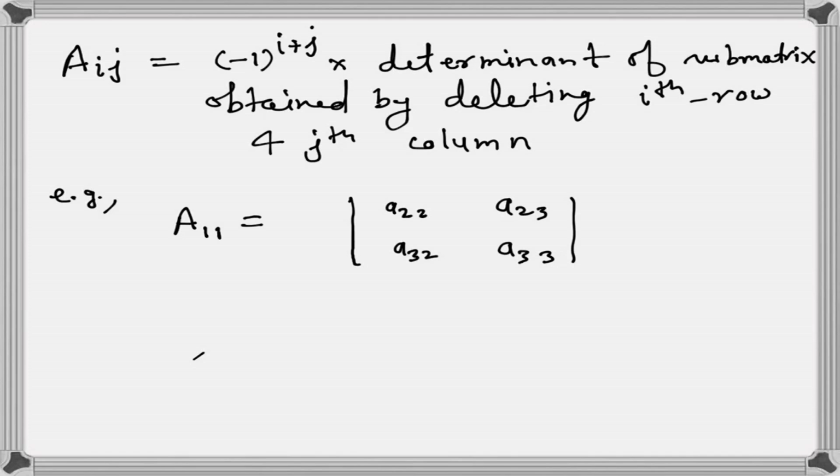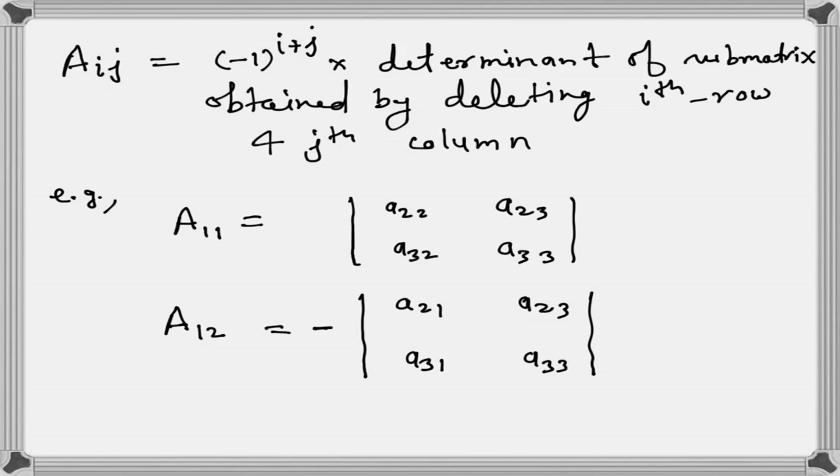Similarly, we can define the other Aij's. Let's see what A12 is. A12 is nothing but you delete the first row and second column, so you get A21, A23, A31, A33, and here it will be multiplied with minus 1 to the power 3.